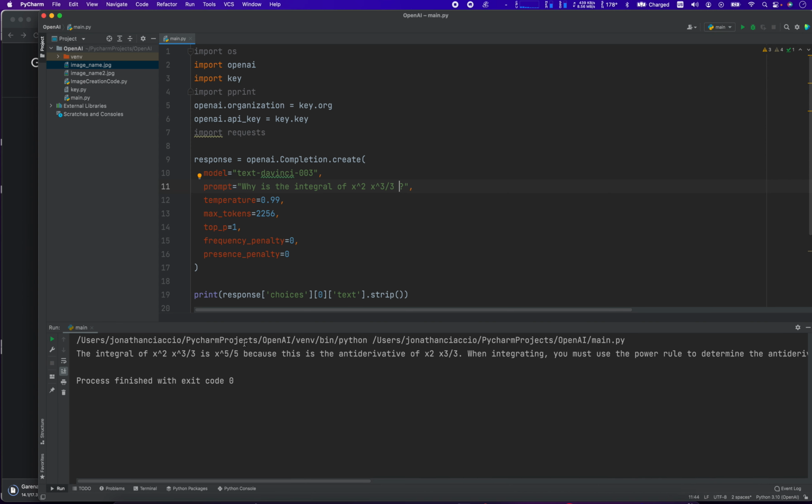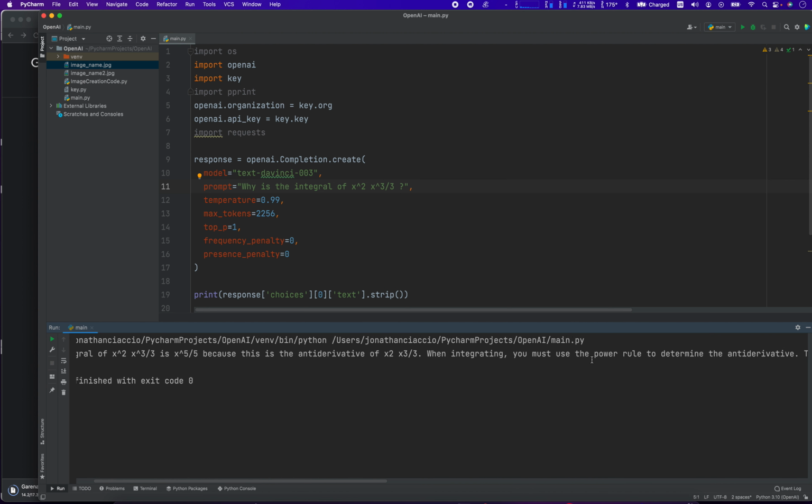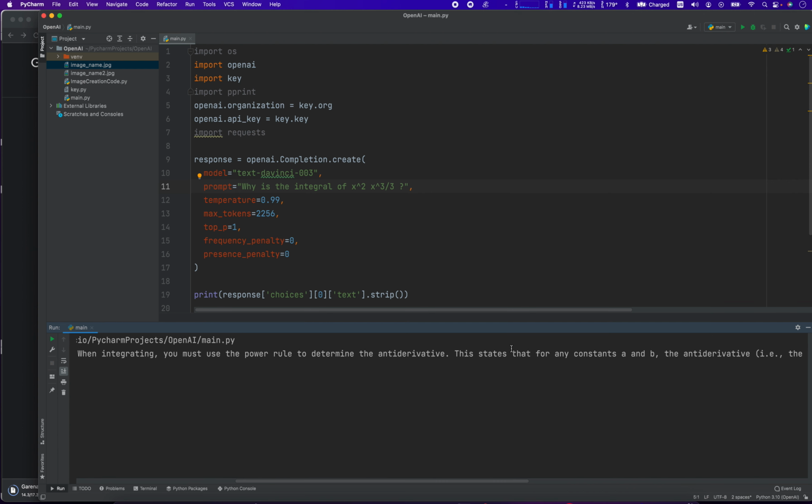The integral of x squared is x cubed over 3, is x to the 5 over 5, because this is the antiderivative of x squared. When integrating, you must use the power rule to determine the antiderivative. This states that for any constants a and b, the antiderivative, i.e. the integral, of ax to the b is a over b plus 1, x raised to the b plus 1.